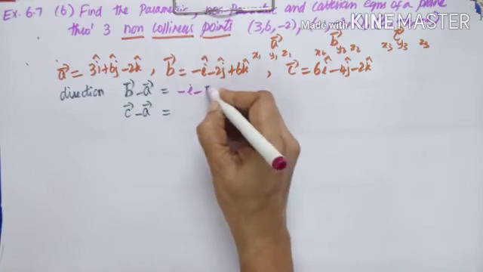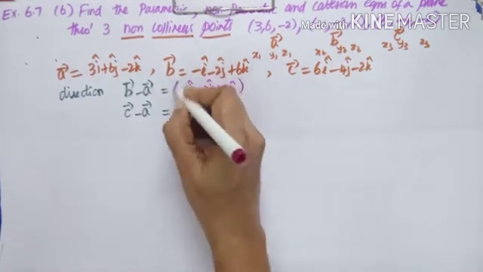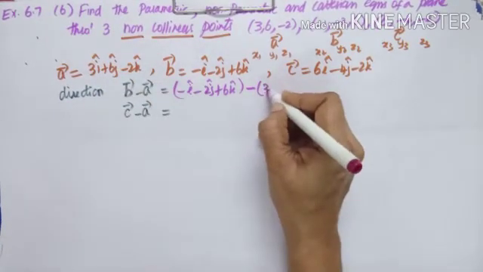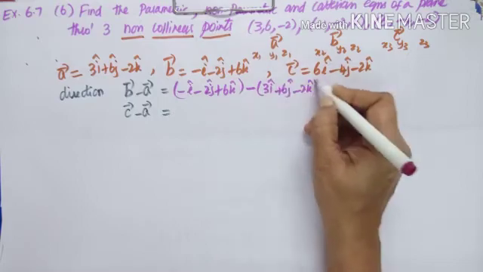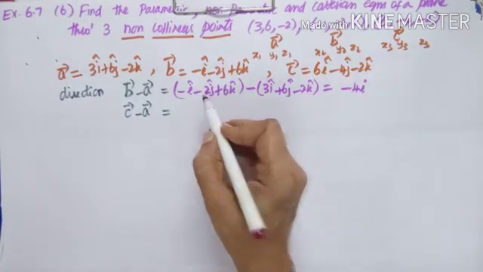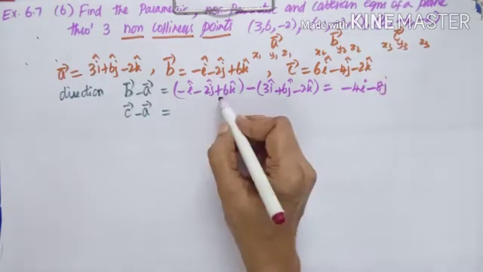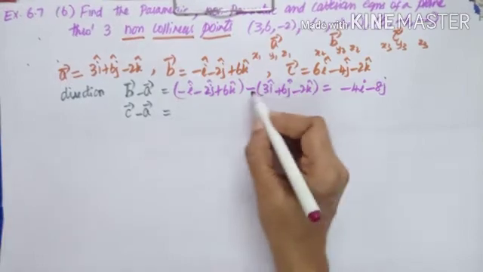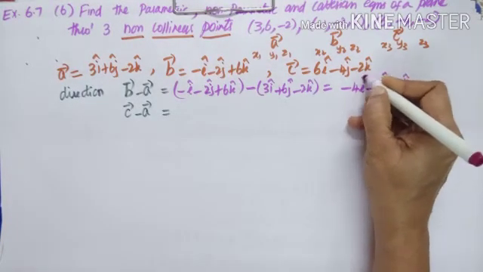Minus i minus 2j plus 6k minus A vector, which is 3i plus 6j minus 2k. As I subtract, minus i minus 3i is minus 4i, minus 2j minus 6j is minus 8j, 6k minus of minus is plus, 6k plus 2k is 8k.